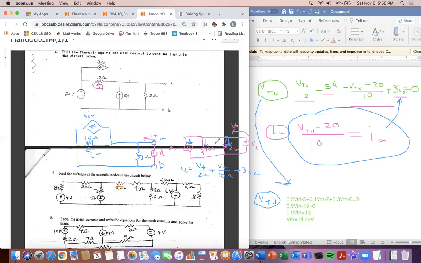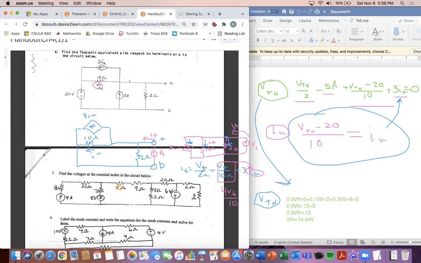We wrote an equation for this actually, and IA is VT over 10. So you can just substitute that in for IA here. What we're going to get is 3 times this plus this, so it's going to be 4VT over 10 simplified.